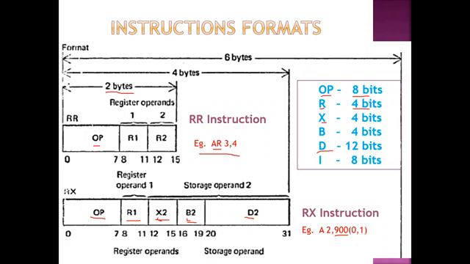You understand? So this is the format. Okay, how can I fit an instruction into this format? I will see one example. Here I'm going to use one RX instruction as an example: A 2 comma 901 of 0 comma 1. What is the meaning of it? The contents of 901 of 0 comma 1 has to be added with the contents of register 2, and the sum has to be stored in register 2 only.